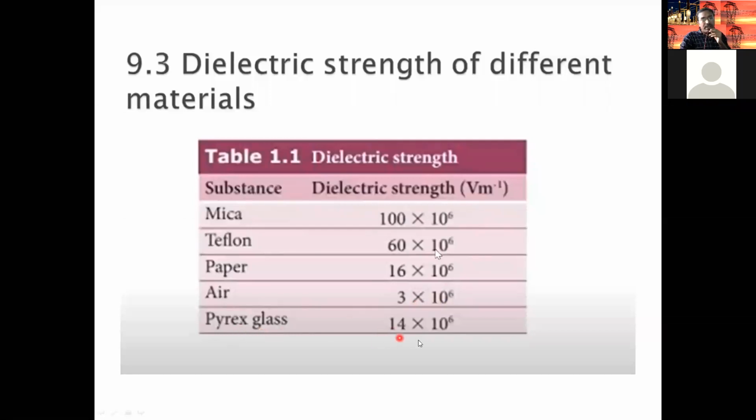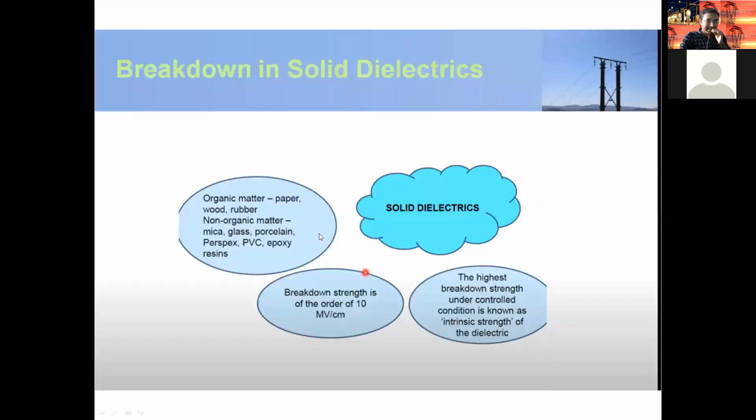Pyrex glass is 14 megavolts per meter. This is the classification of different types of dielectric materials. There are others besides these, but these are somewhat more important compared to the others.